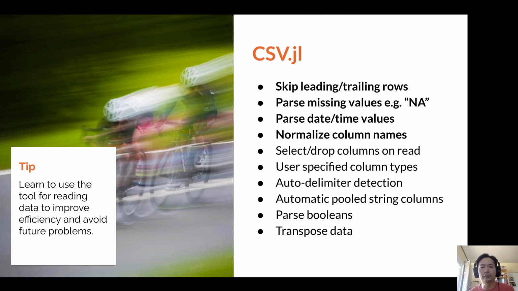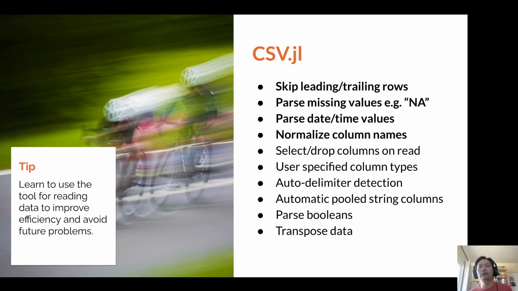And in terms of CSV.jl, when you read data from CSV, as you may already know, the CSV file format is very free-formed, right? So sometimes you see there's a header field, sometimes there's no header field. Sometimes you may see a period for missing data, and sometimes you may see an NA for missing data, or maybe some other string.